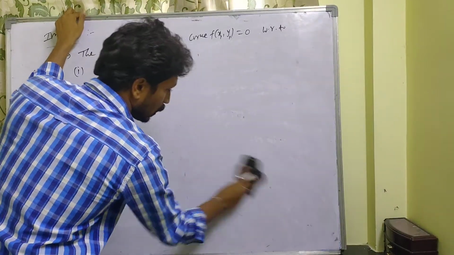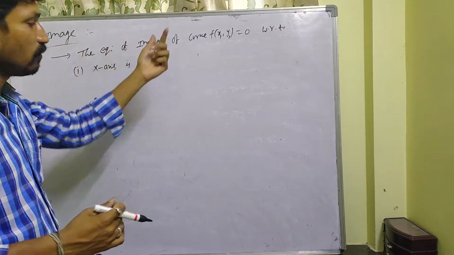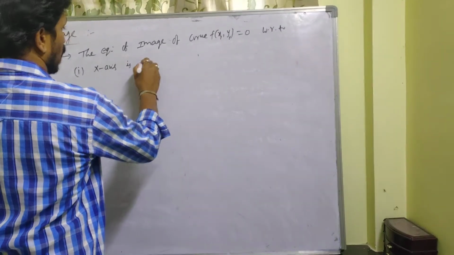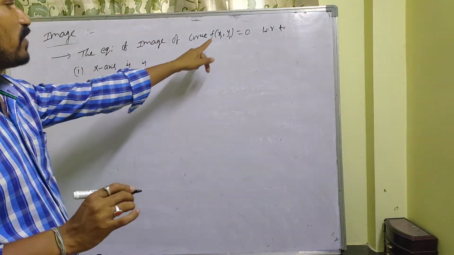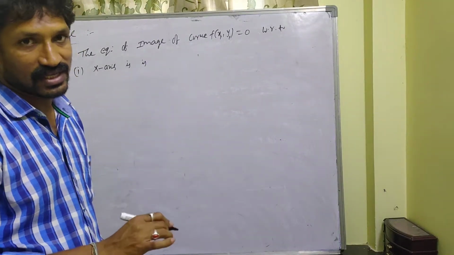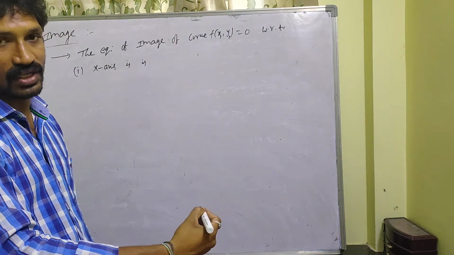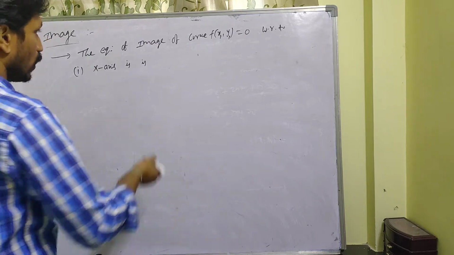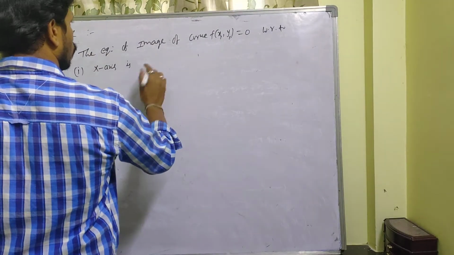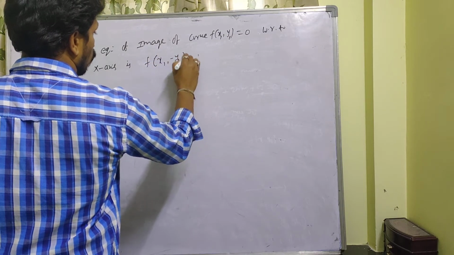He is not asking for drawing the images. He is asking for the equations. The equation of the image with respect to x-axis is the same as that. So in the previous case, what is the image of x1 comma y1 with respect to x-axis? It is x1 comma minus y1. So here also it is f of x1 comma minus y1 is equal to 0.